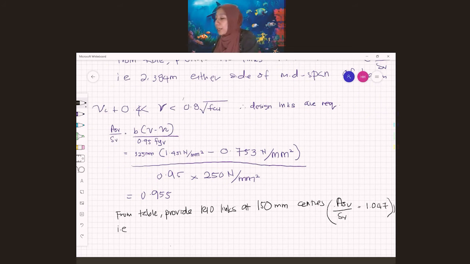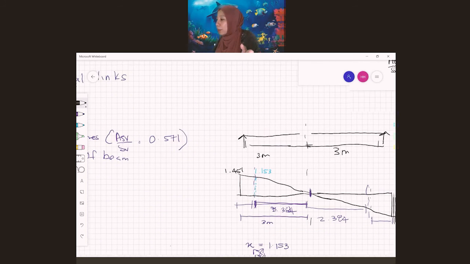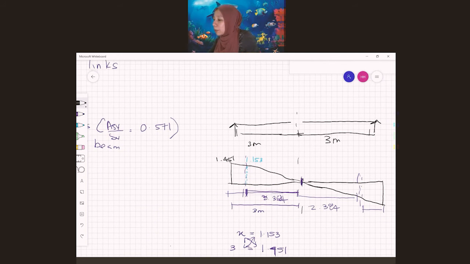Okay, we know that beam ni panjang dia 6 meter. Tapi kalau kita bahagi dua, sebab midspan ni kosong, dia kan balance kan kanan dengan kiri. So exactly whatever the value yang kita akan dapat dekat belah kiri akan sama dengan belah kanan dia lah.